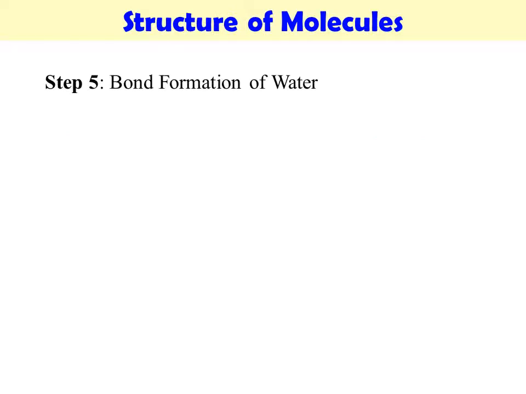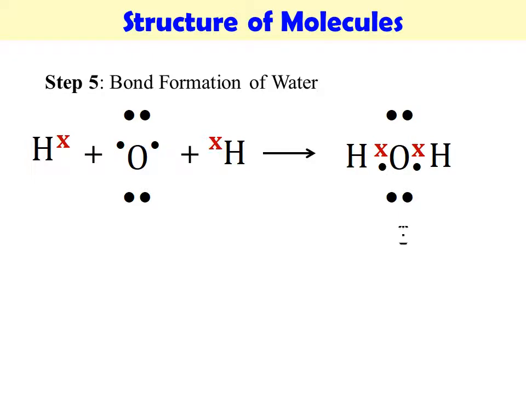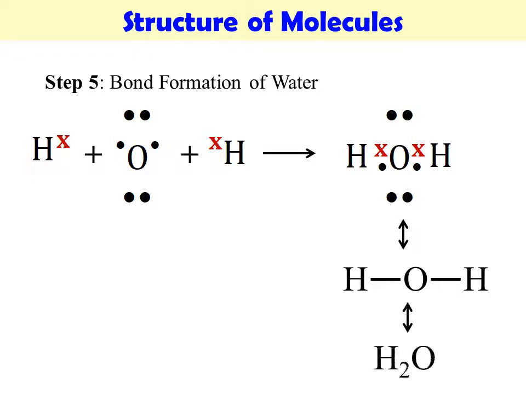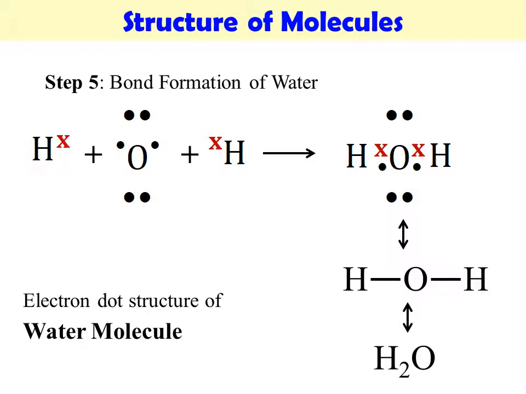Now, with the bond formation of water, this molecule is also giving us another very prime piece of information. What is that? We discussed previously the lone pair of electrons. This is the lone pair of electrons. The water molecule has two lone pairs of electrons, and those two lone pairs belong to the oxygen atom.